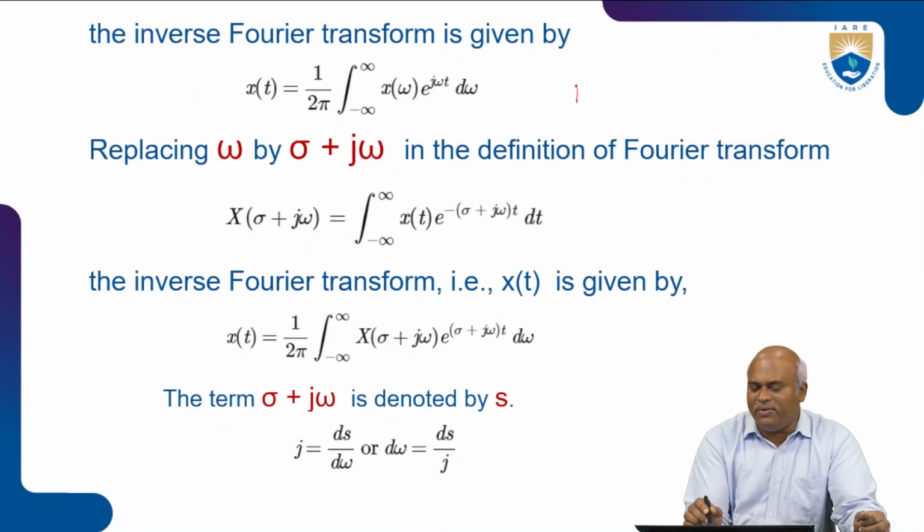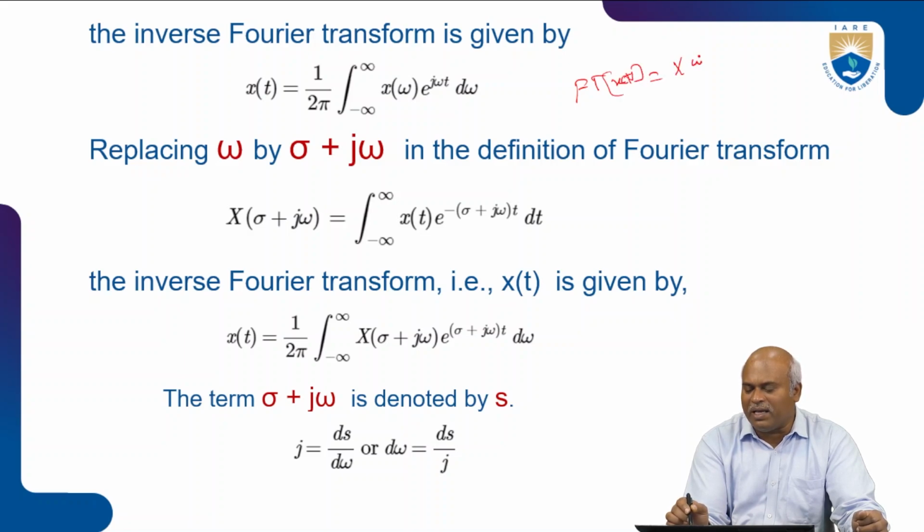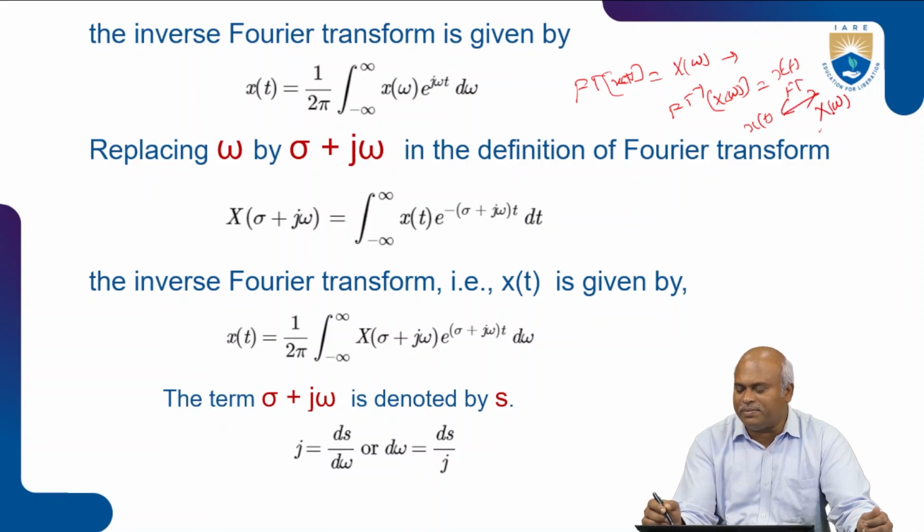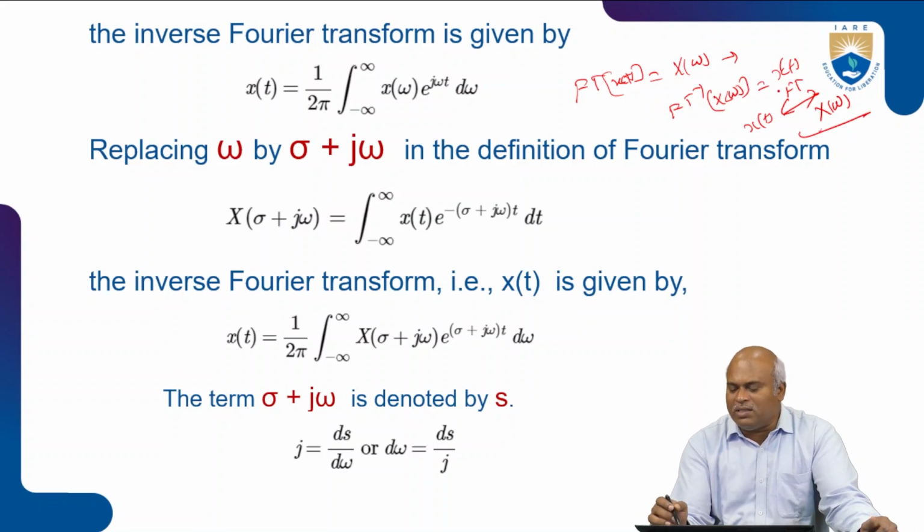The Fourier transform of x of t is X of omega, and the inverse Fourier transform of X of omega is x of t. So that's why generally we write, for x of t, the Fourier transform is X of omega. Now I need to write this inverse Fourier transform.